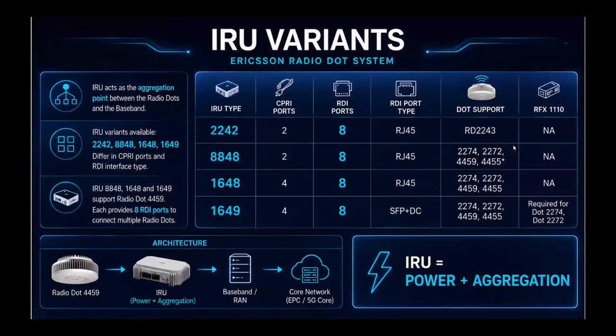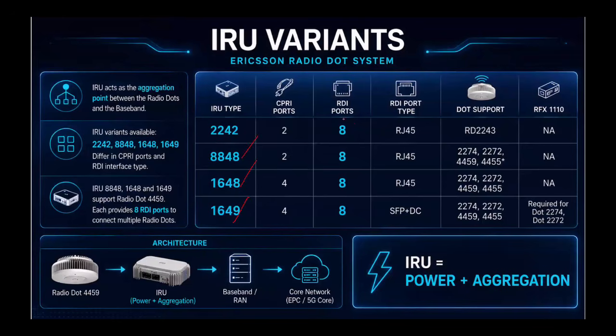Thank you. So these are a few IRU variants for the Ericsson radio dot system. As I said earlier, the IRU acts as the aggregation point between the radio dots and the baseband. Right now in the slide, there are only four IRU types: 2242, 8848, 1648, and 1649.